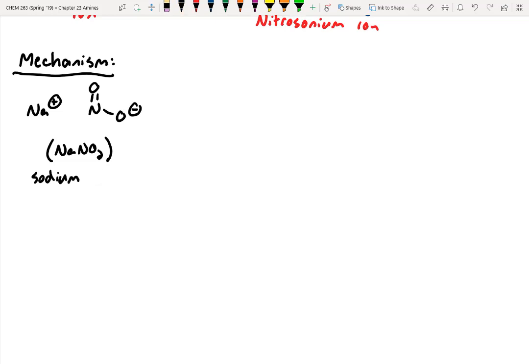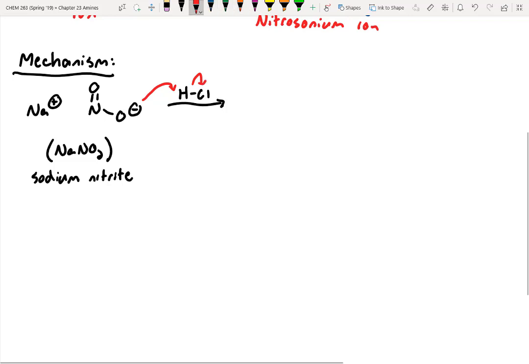All right, and we saw in the first step, we treat this with a strong acid. So I'm going to use HCl here. That's the most common acid. In fact, that's the acid we used in our Azo dye lab, right? If you remember in our Azo dye lab, we used sodium nitrite and HCl. And this negative charge will steal that proton, and will make nitrous acid in solution.